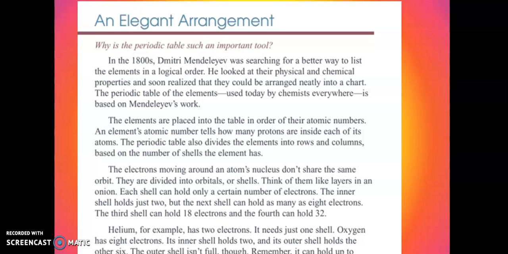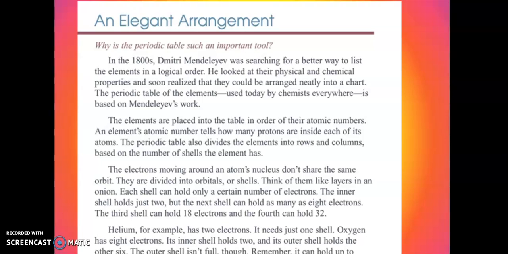The periodic table of the elements used today by chemists everywhere is based on Mendeleev's work. In conclusion of this reading, we can define that the periodic table was created by Dmitry Mendeleev. The elements are placed into the table in order of their atomic numbers.